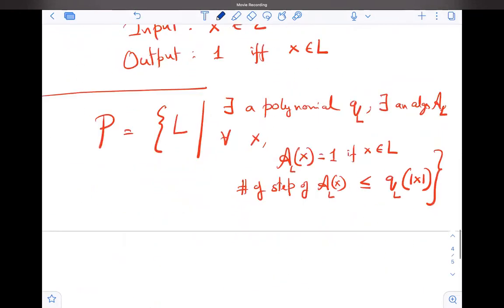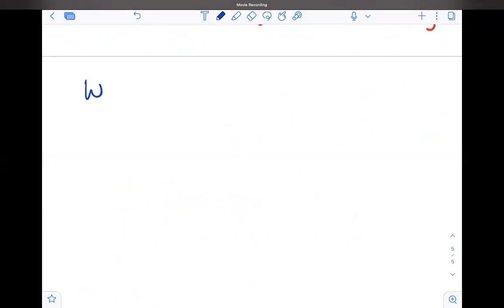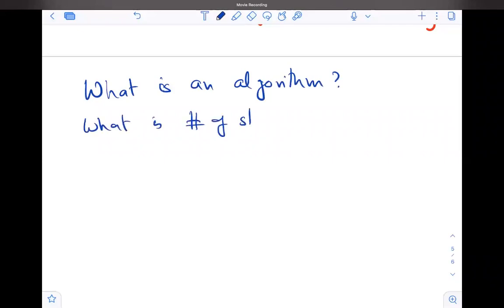So what is an algorithm? What is number of steps? Does every problem have an algorithm?